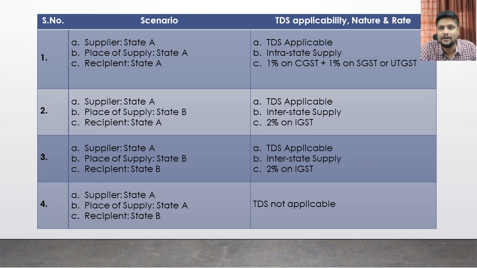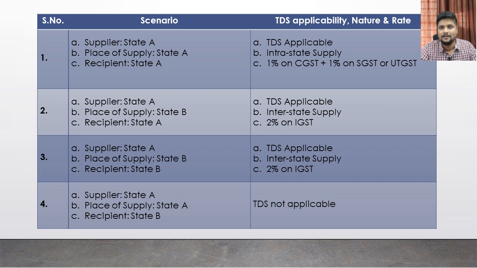Then the final scenario. In this scenario, clearly understand, forget about where the supplier is located. The place of supply is in one state and the recipient of supply is in a different state, and the supplier is also in the same state where the place of supply is.